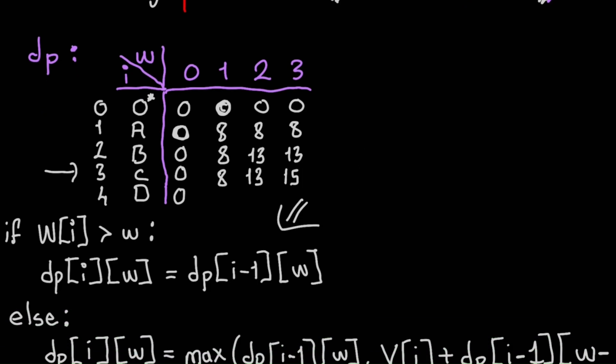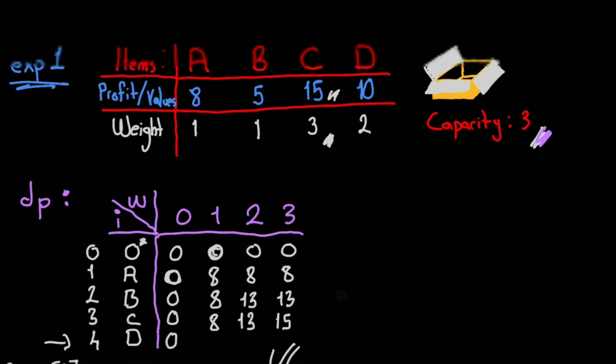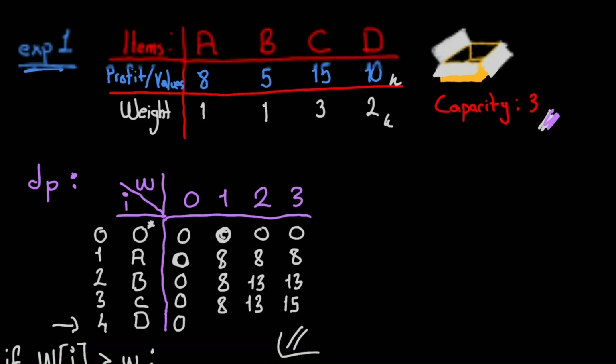What about the fourth item, which is D? For D, as we can see, the weight of D is 2 and the value of D is 10. Again, since its weight is 2, so when the current capacity is 1, can we take D?